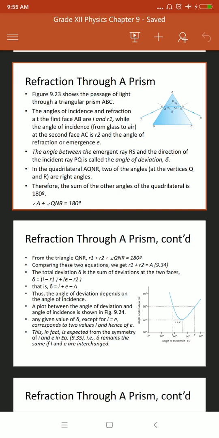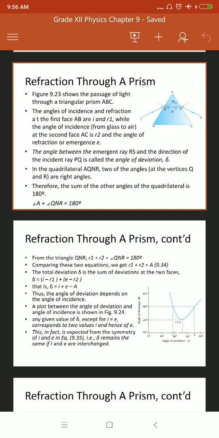by the angle I, and R1 is the angle of incidence from glass to air for the second face AC, and R2 is the angle of refraction or emergence E. So in the prism, two surfaces are there. Over one surface, light is incident from the air.